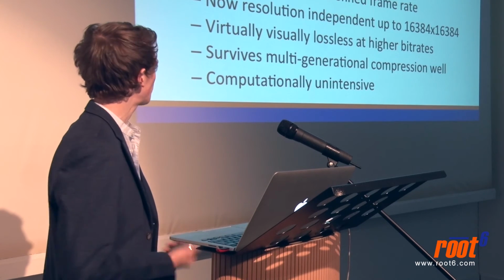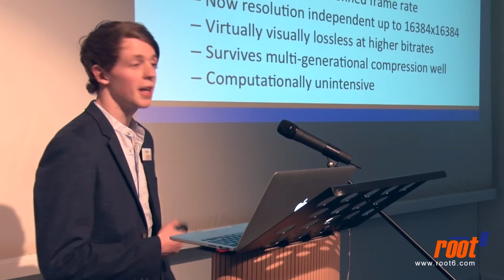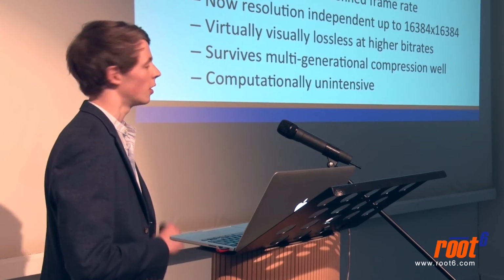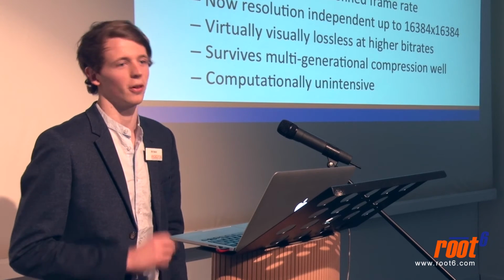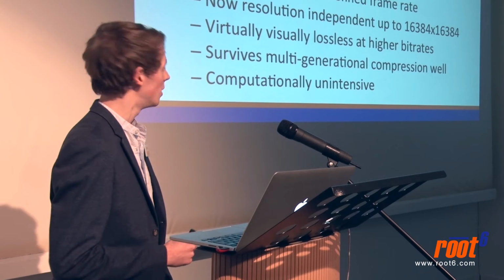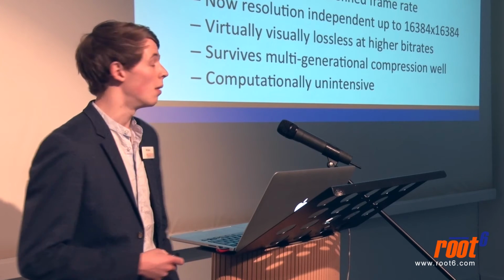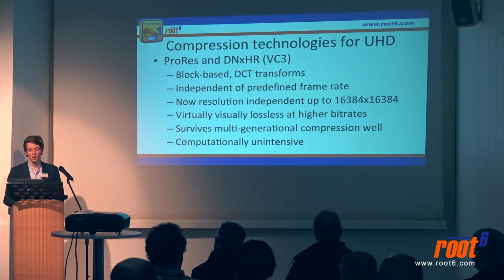ProRes is predefined at any frame rate, and actually DNxHD as well, and DNxHR have never had any frame rate defined. The only reason they've ever been frame rate defined is how they're implemented in Avid and how they're marketed, essentially. So these can run at any frame rate.